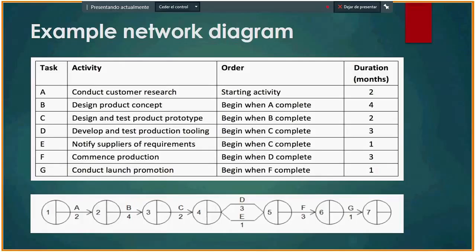But this is a good example to understand. For example, what's the time that the project is going to be completed? Yes. It's a basic example to understand what the CPA, or network diagram, is.